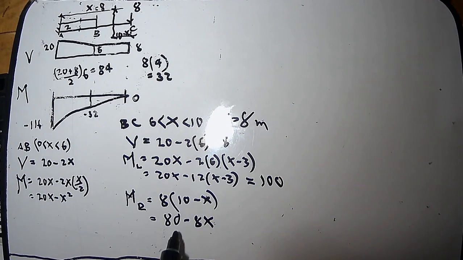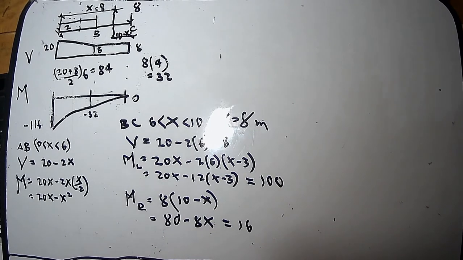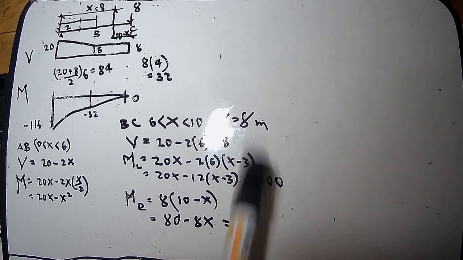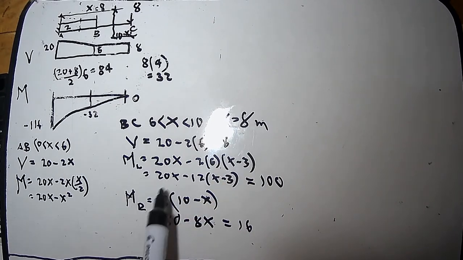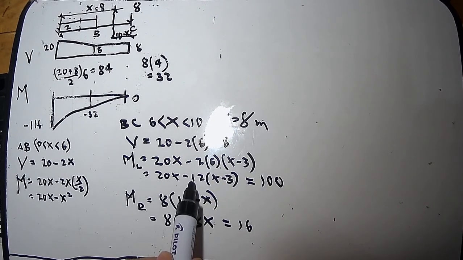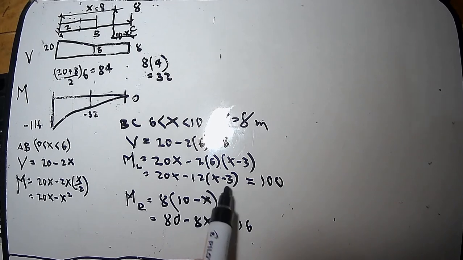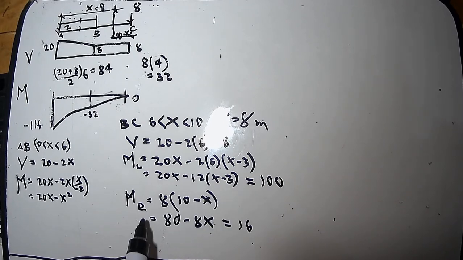Okay? Dito naman, 80 minus 8 times 8 would give you 16. Okay? So, we substitute 8 to the value of x. So, 20 times 8 minus 12 times 5 would give you 100. So, sa moment right naman is 16. Ano yung relationship niyang dalawa?